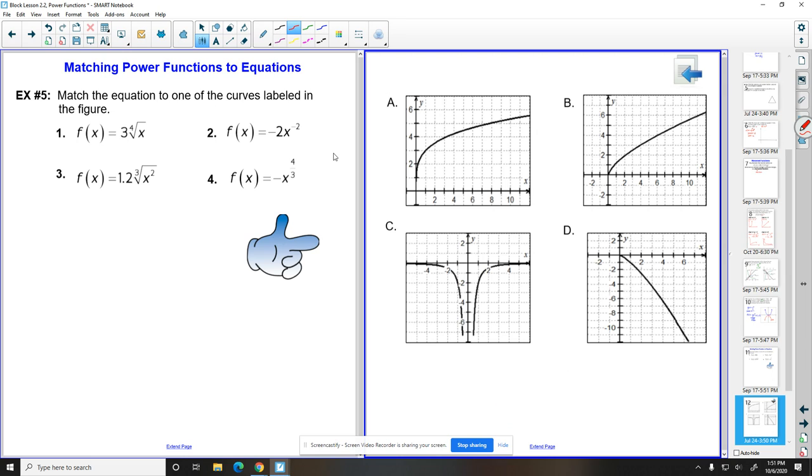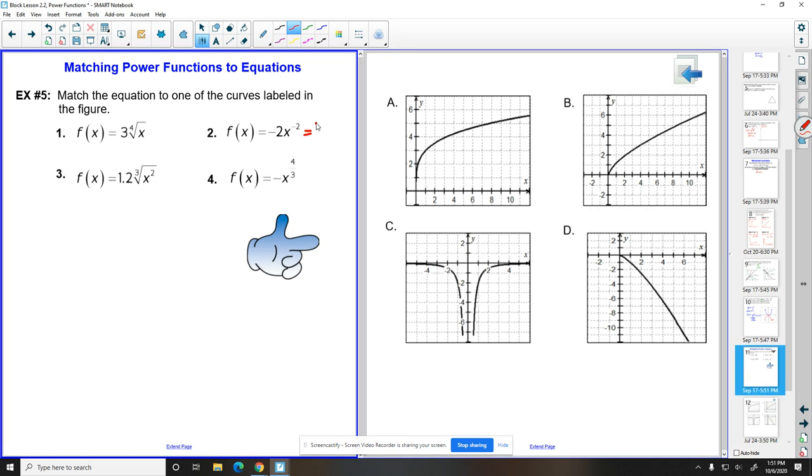Okay, so I'm going to start with something that I feel like stands out, and that's this negative exponent here, which, remember, negative exponents means that that thing could be in the bottom of a fraction. So I know that this is going to resemble a reciprocal function. And I also know that the negative 2 in the front is going to make it flip upside down.